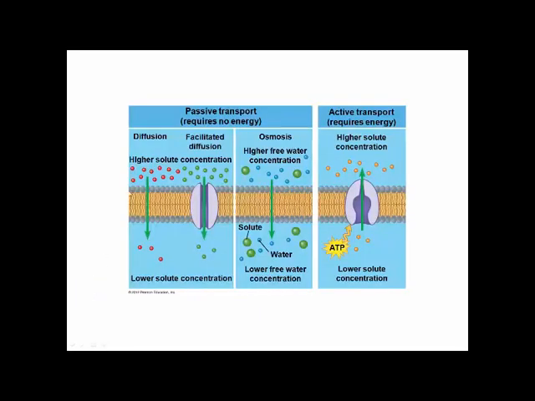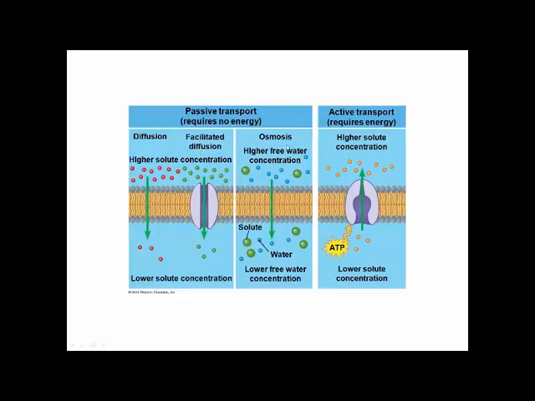So overall, I want to summarize the difference between passive transport and active transport. Passive transport requires no energy, and active transport requires energy. Active transport is a movement against the concentration gradient, and passive transport is a movement down the concentration gradient. Now within passive transport, remember there are two types. There's diffusion and there's facilitated diffusion, but both are diffusion.